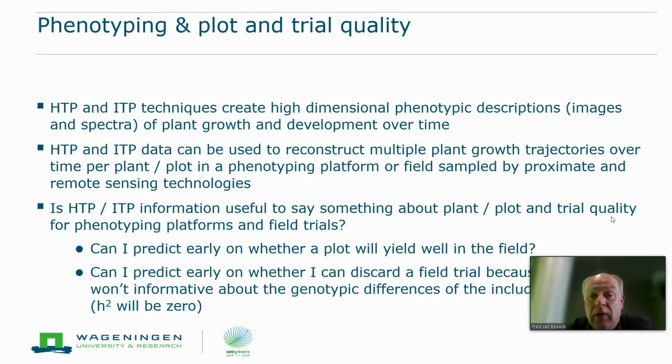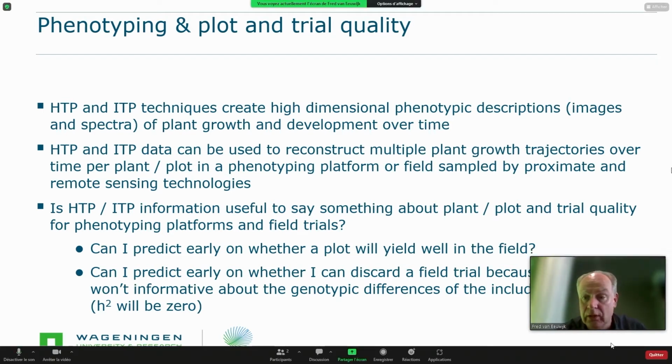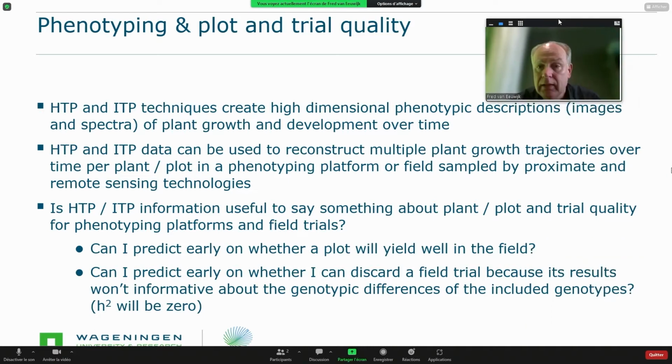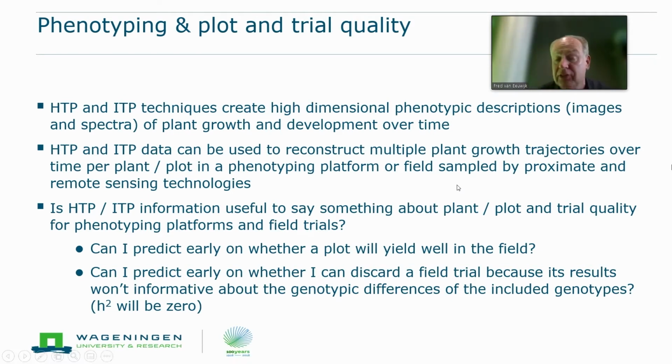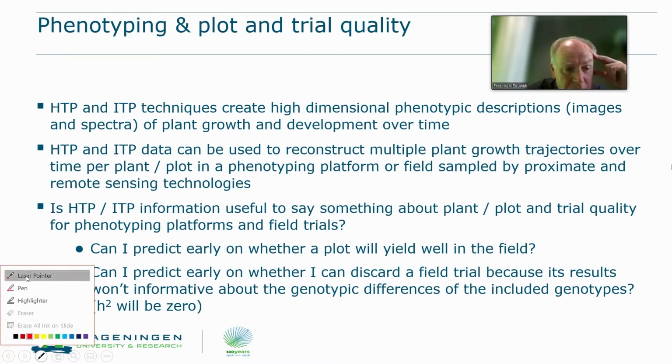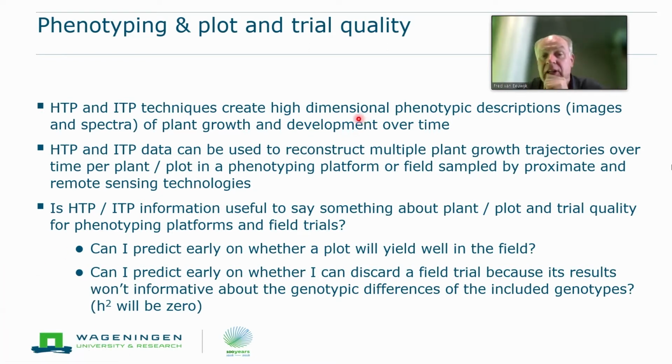To sketch a situation that all of you know rather well, nowadays, with all these new devices, sensors, proximate and ultimate, we have a lot of extra information. The data that we generate are initially high dimensional.